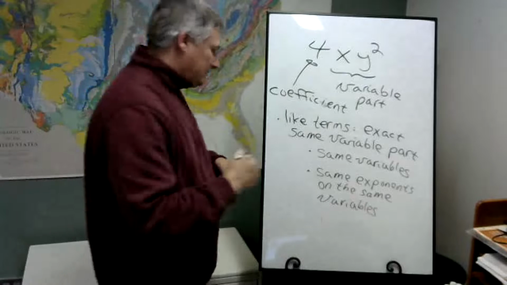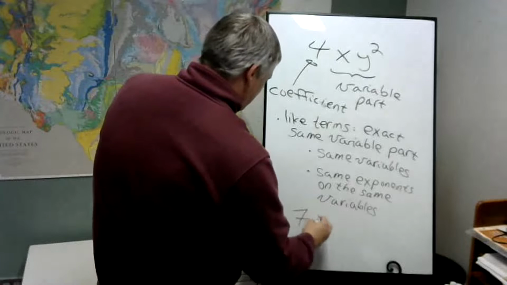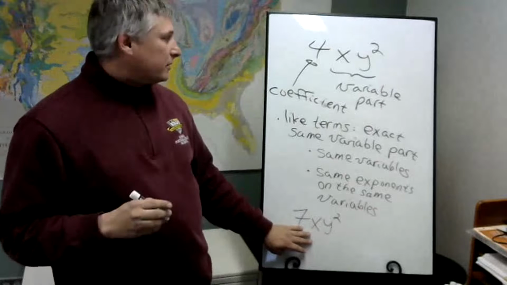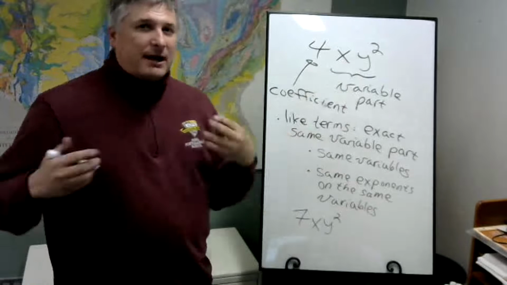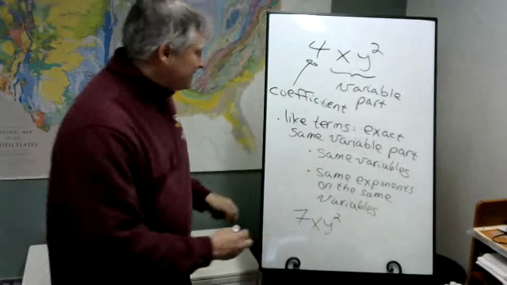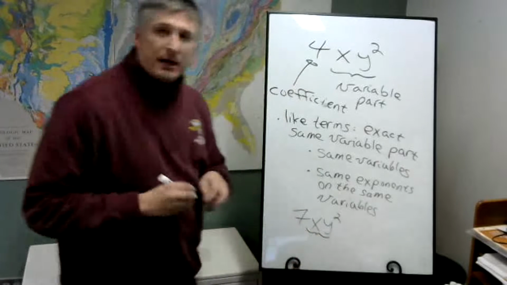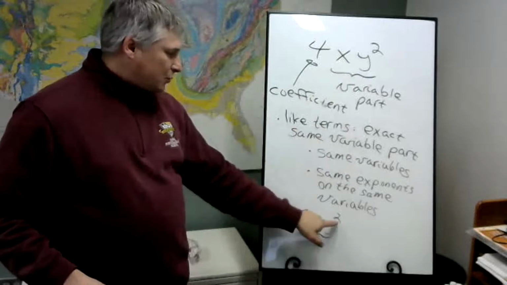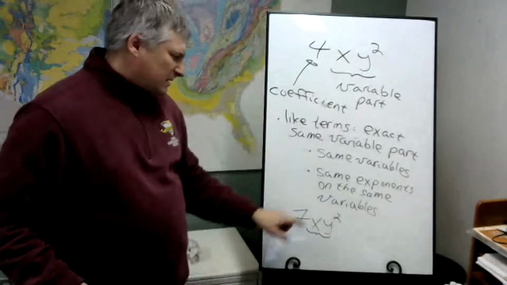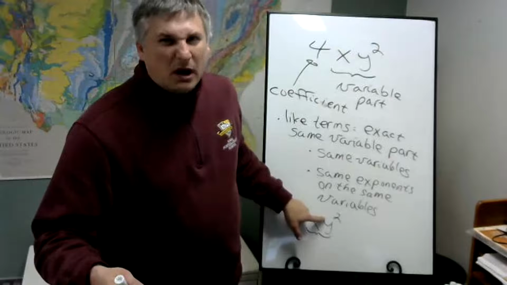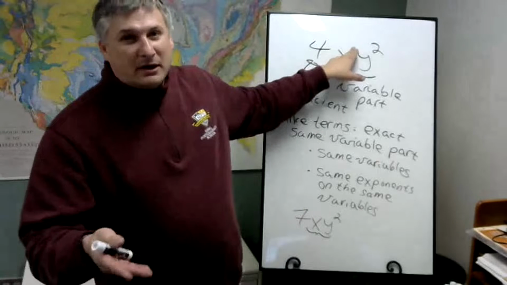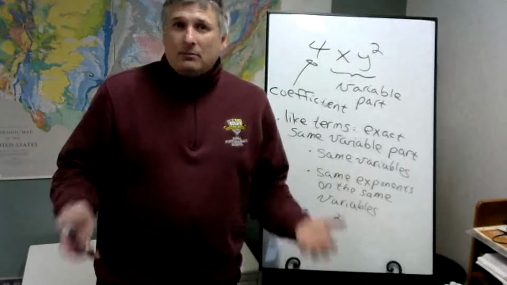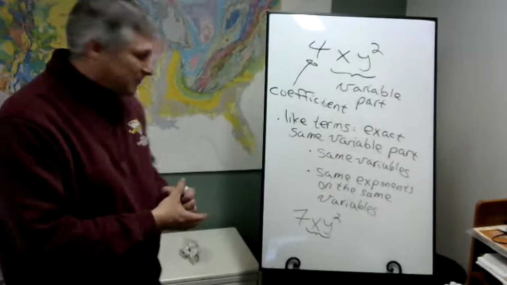So for example, 7xy squared is a like term, the same type of term as this. They're a type xy squared. So they have the exact same variable type. An x and an x, a y and a y, and there's a square on the y, square on the y. Nothing on the x, well, technically an invisible 1, and an invisible 1 here on the x. So the variables match, the exponents and where they're located match, means same like terms.